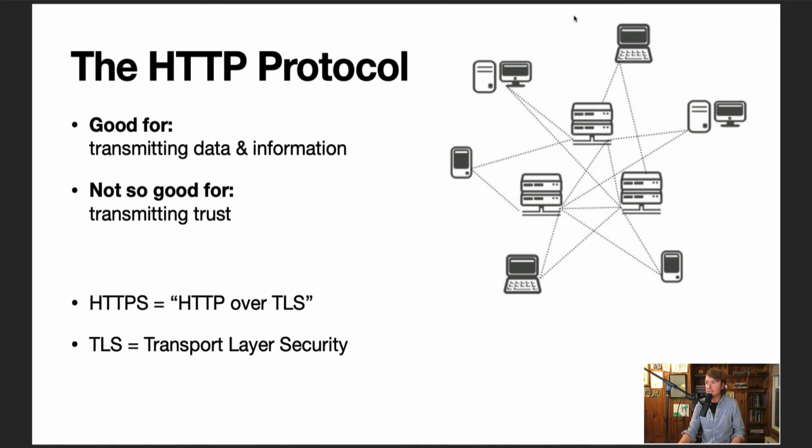And billions of end user devices, okay? And what HTTP does is it sets the rules for what sort of information moves back and forth between servers and end devices so that the right information, the right web pages appear on users' screens.